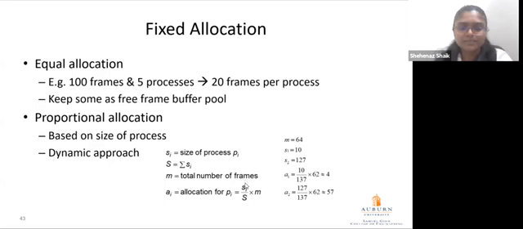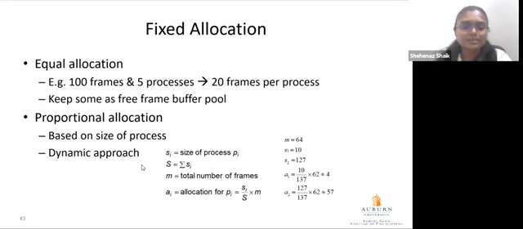As we can see here, considering that the number of processes in a particular system may vary over a period of time as new processes are initiated and some of the processes are terminated, we should be able to accommodate this to support dynamism in the number of processes that we have in a system.